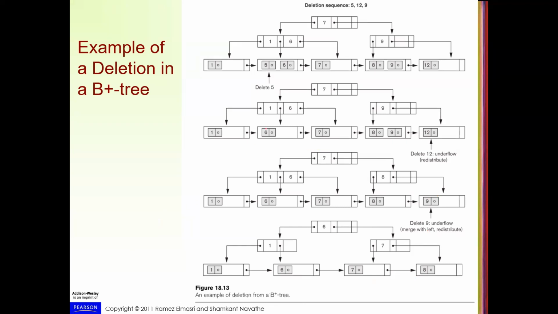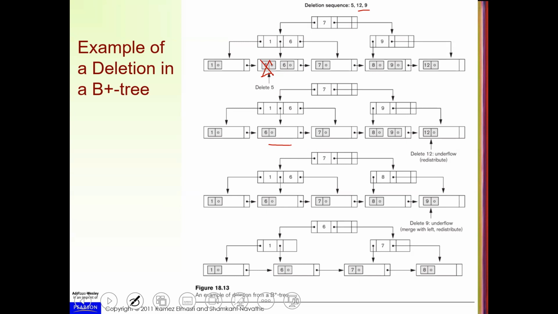In this case, we want to delete 5, 12, and 9. Deleting 5 is simple, because it is in the leaf node, and we have 2 keys, which is 1 extra than the minimum required. So we just delete it without bothering. This deletion is simple.